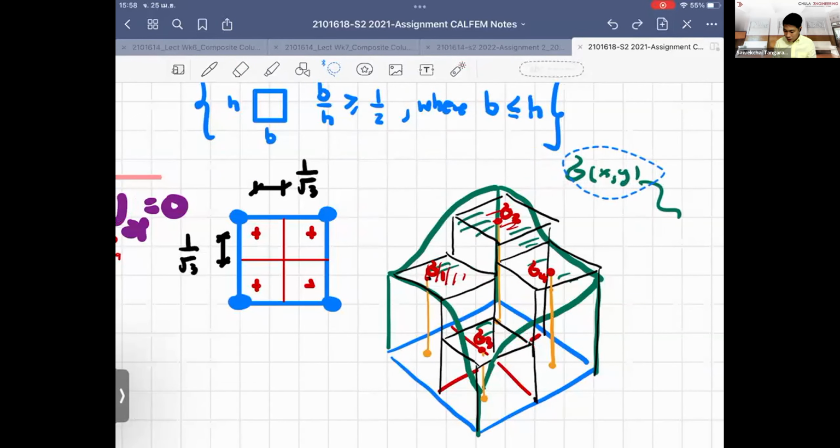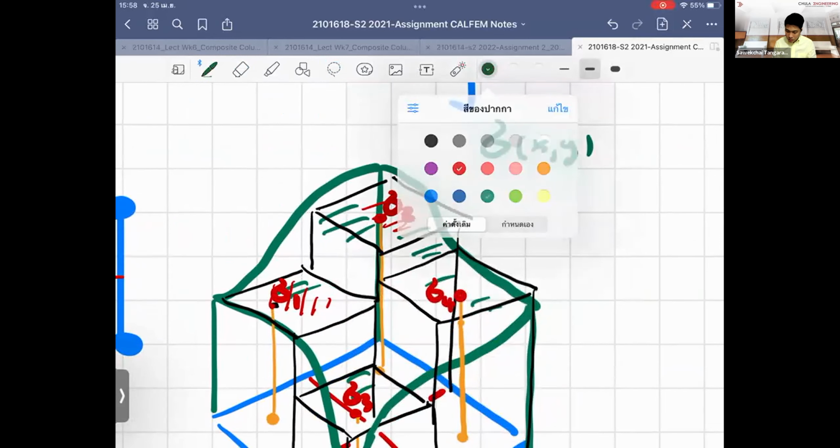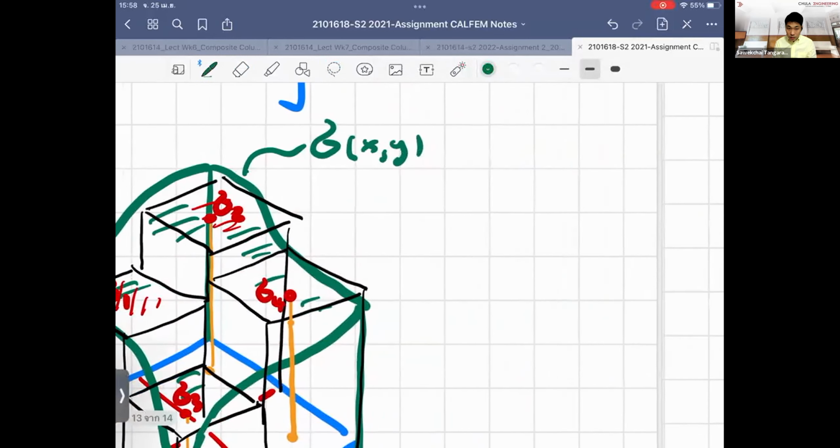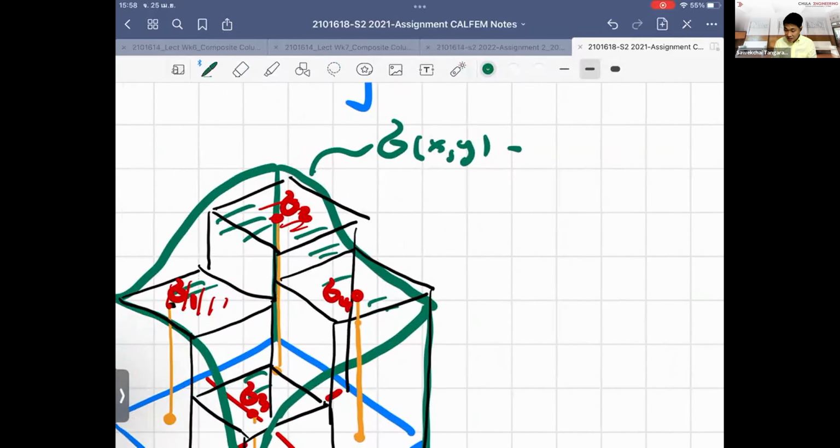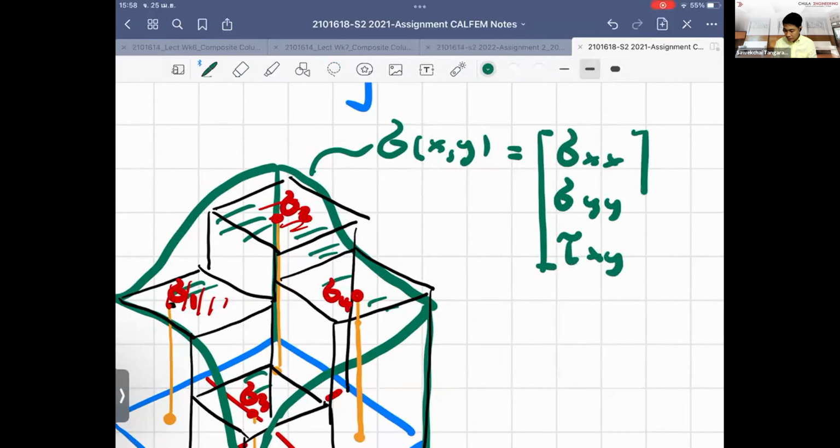What I try to say is here, let me show you. This comes as a set of the stress tensor, which is sigma x, sigma y, and tau xy.